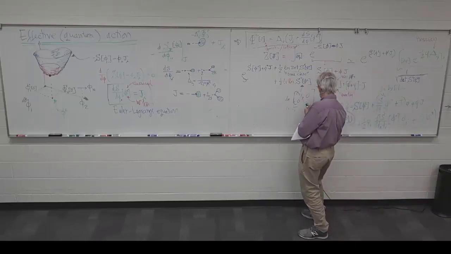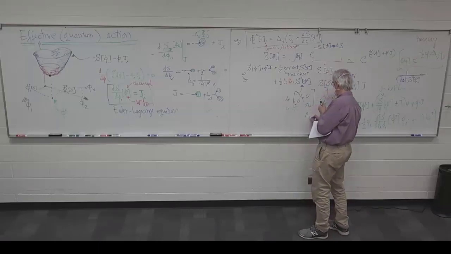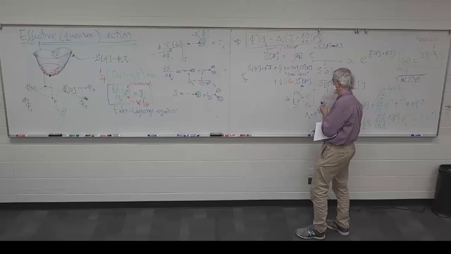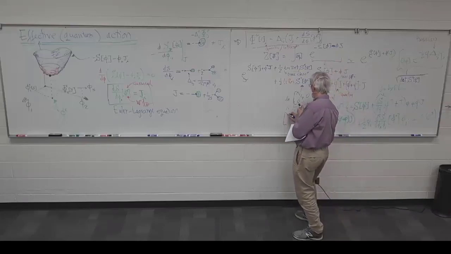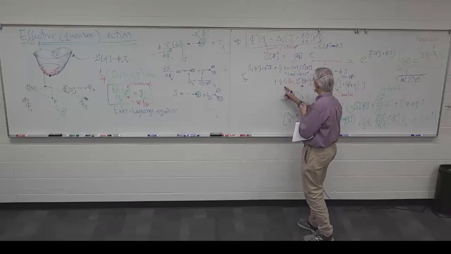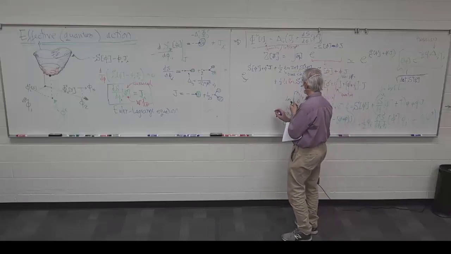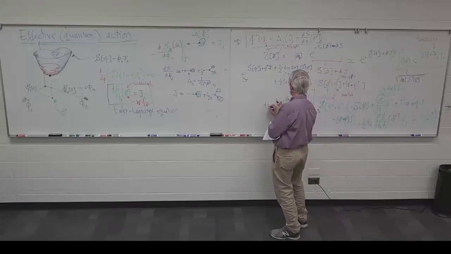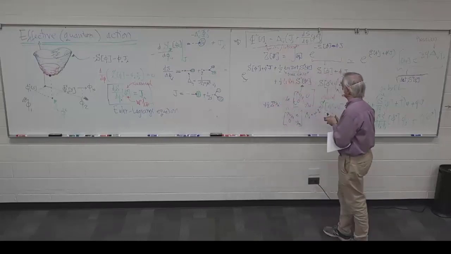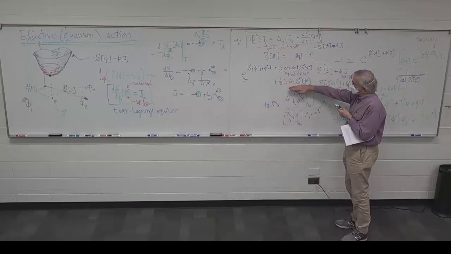So if you define your ith eigenvalue as e to the exponent i, then this becomes a matrix of exponents. And the trace is the sum of the exponents. So this just becomes the sum of the exponents.